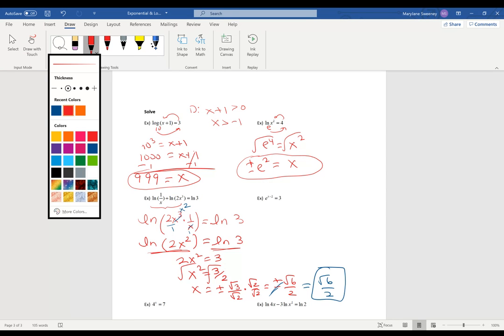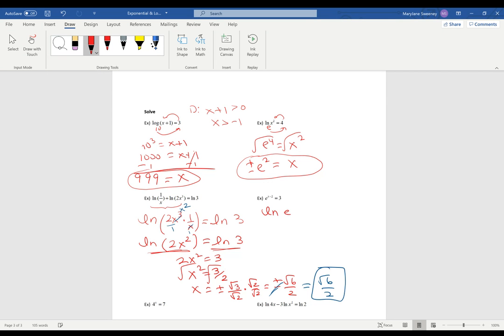Next one is a log with base e, or I'm sorry, it's not a log. It's an exponential function base e. So the way you solve an exponential function is you take the log. So since this is base e, we're going to take the ln. So I'm going to do the ln of both sides. On the left-hand side, I can use power rule, which brings the power in front.